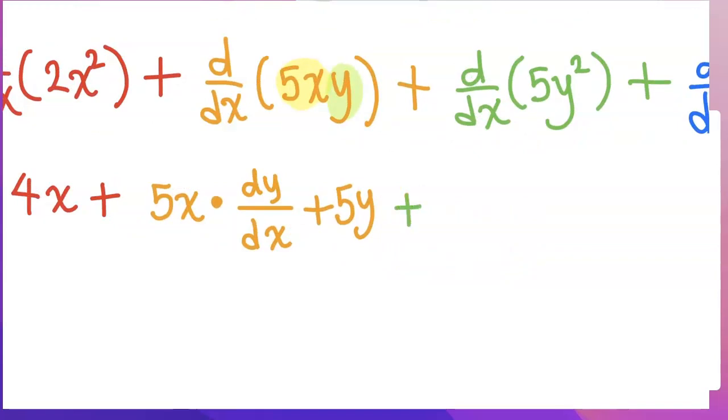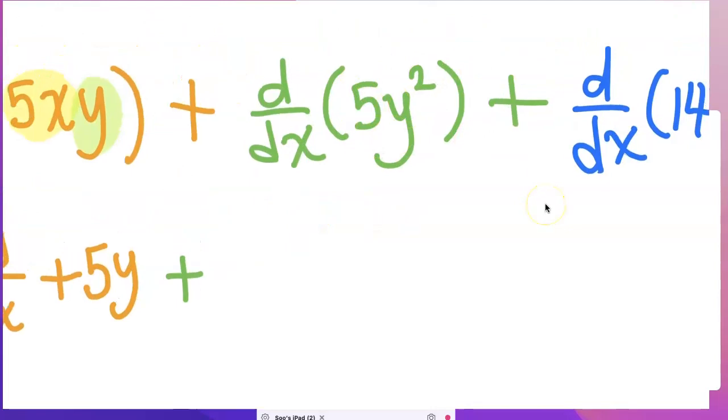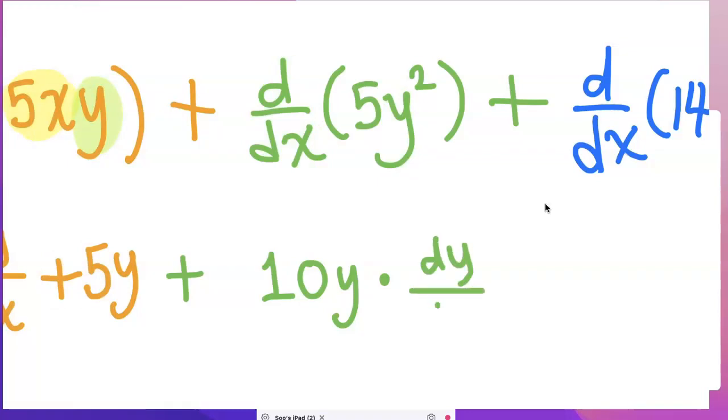Plus, let's take the derivative of 5y squared. That's going to give me 10y, but I also need to multiply by the derivative of y with respect to x, which gives us dy/dx. So multiply this by dy/dx.